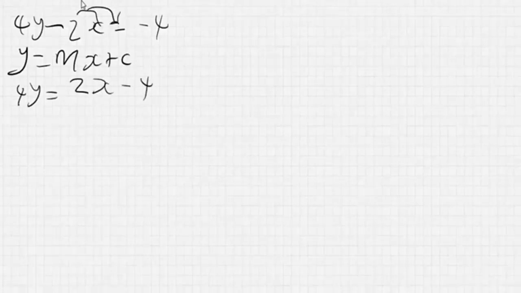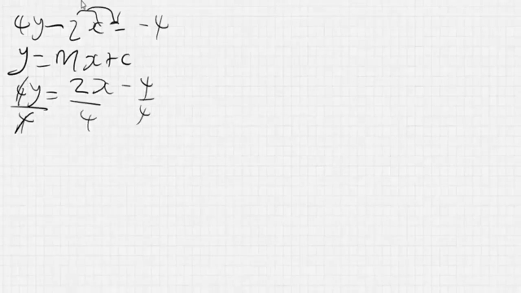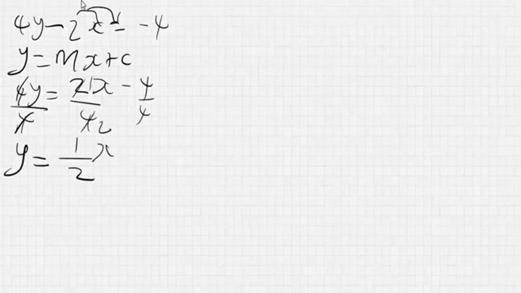So from this, let's make y the subject of the formula. Divide both sides by 4. Our y will now be 1 over 2 x minus 1, because the 4 cancels, so we're going to get 1.